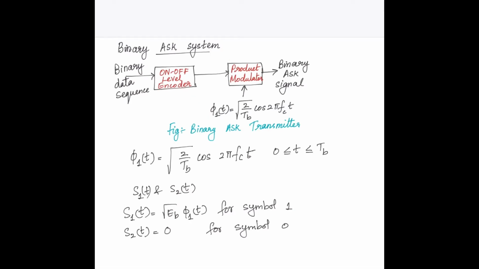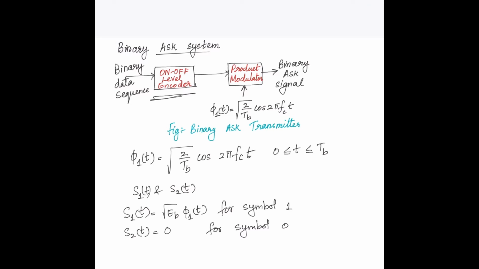Basically, at the transmitter, the binary data sequence is given to an on-off encoder, which gives an output of root Eb volts for symbol 1 and 0 volts for symbol 0. The resulting binary wave is applied to a product modulator, into which the basis signal phi 1 of t, which is a carrier signal, is applied.